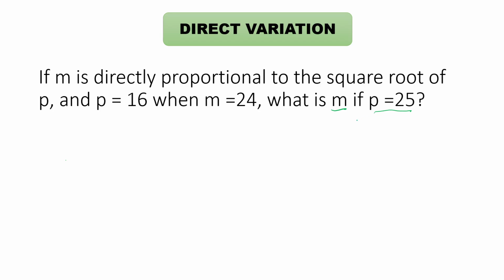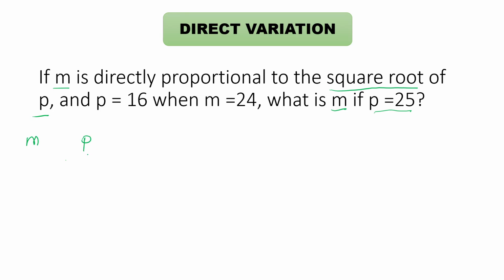So the first step in solving this kind of variation is to identify the general equation based on the statement m is directly proportional to the square root of p. So we have here two quantities, m and p.